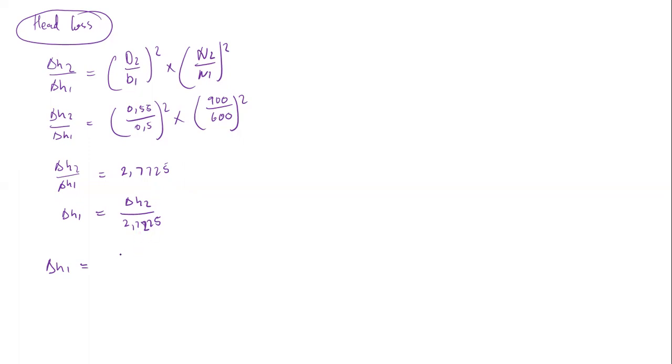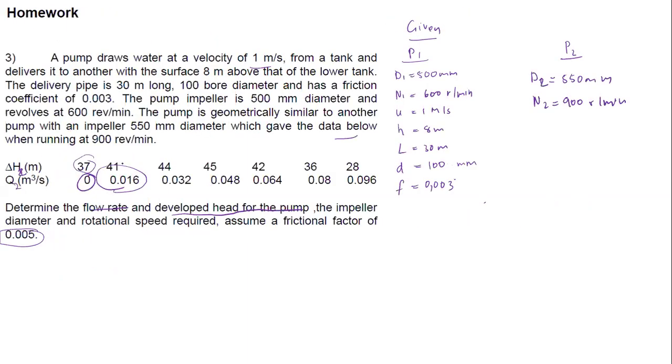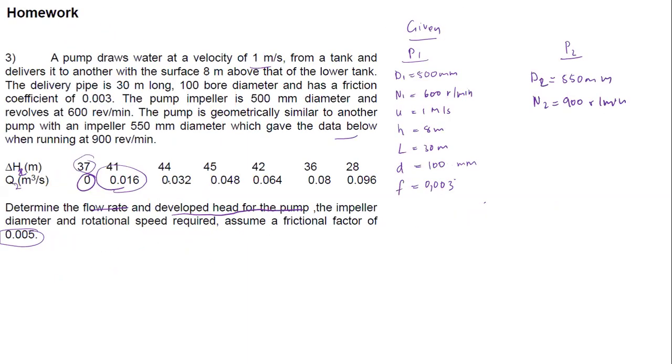The first value that we're going to get will be 13.5959, already calculated. And then we move to H2, which is 41, right? So you're going to substitute 41 over there, and then I got 15.06. Lastly, we're going to move to 44, 45, 42, 36, 28.